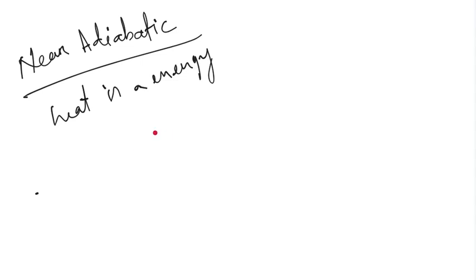The rising mantle plume is not a closed system, so material exchanges keep happening, assimilation and differentiation keep happening. That's why it is near adiabatic, because it is not a closed system. So this is the near-adiabatic rise.